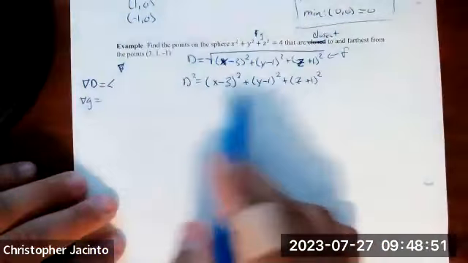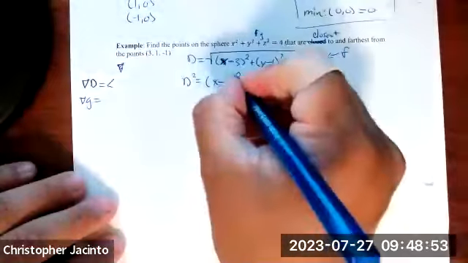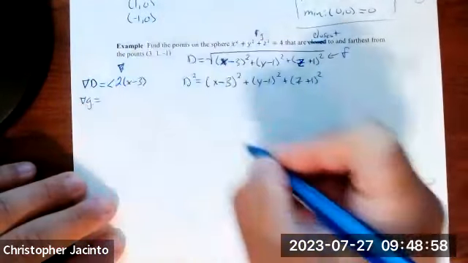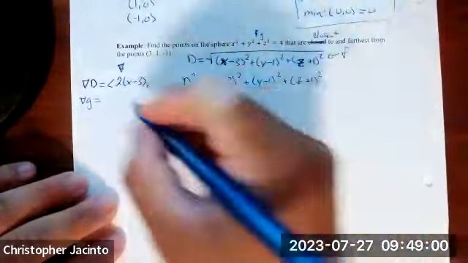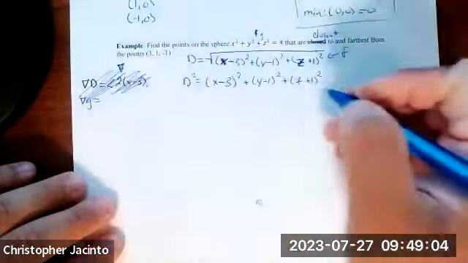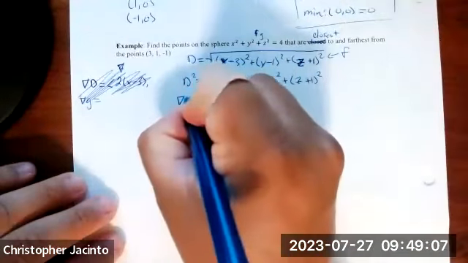So derivative with respect to X, chain rule. Why did I do that to myself? Okay, just do here.